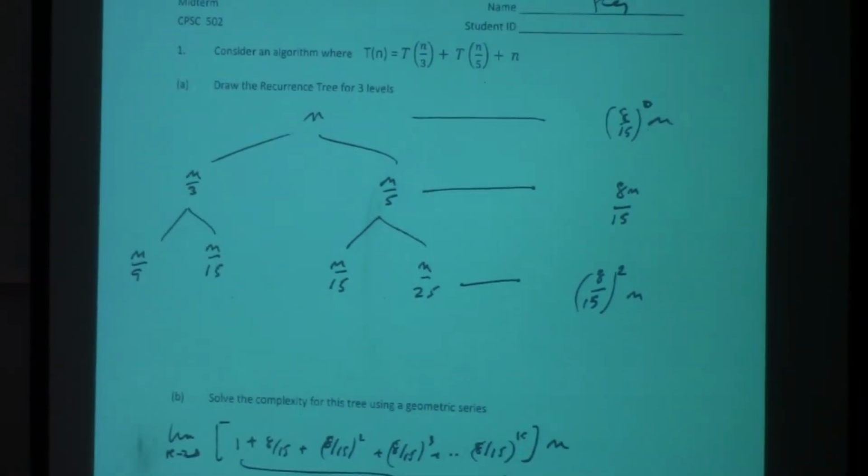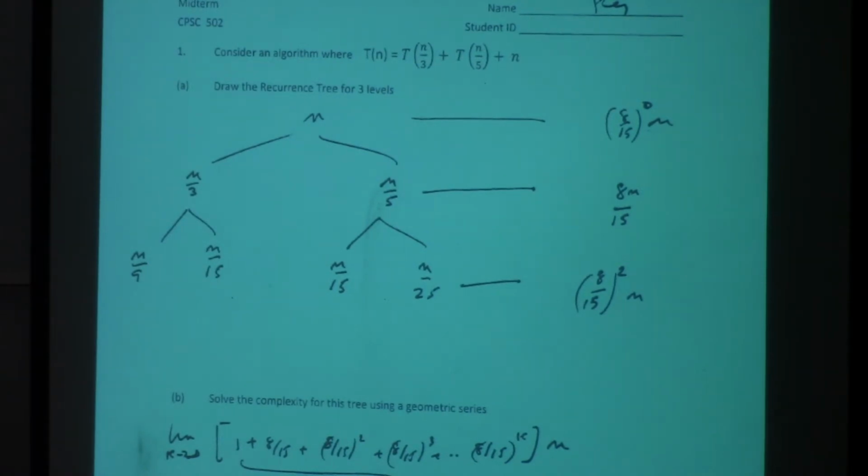Now you can say, well, we don't know what k is. K is really not a real number because this tree is not going to have the nice, true, full shape. But because we have a geometric series and the ratio of the geometric series is less than 1, we know that even if we go to infinity with k, this series is going to converge.